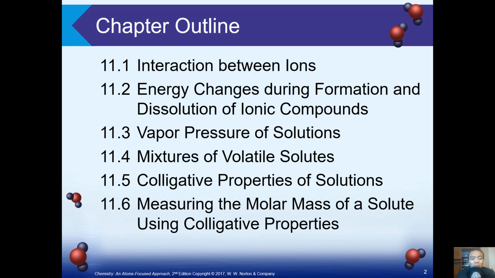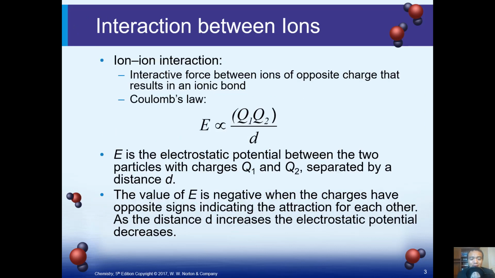For this section, we'll be mainly focused on non-volatile solutes. After that, we'll talk about the behavior of mixtures of volatile solutes. Then in the end, we'll be talking about so-called colligative properties of solutions and how to use them to measure the molar mass of a solute.